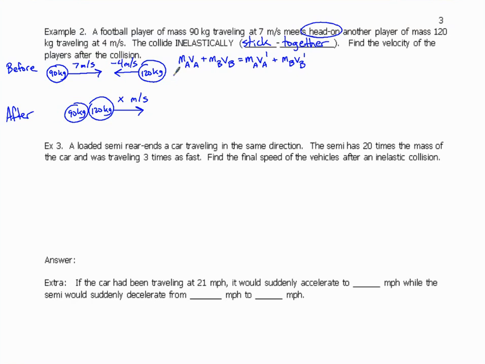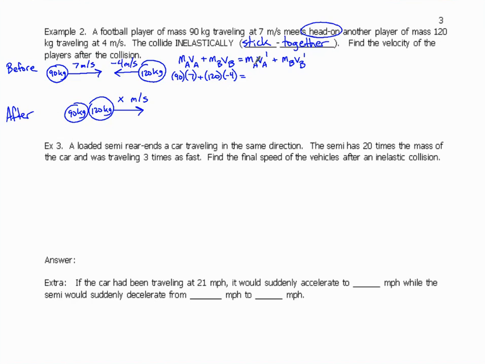So the mass of player A, 90 kilograms. The velocity of player A, 7 meters per second. Plus the mass of player B, 120, times the velocity of player B, -4. Equals, so now we're looking at the after conditions.